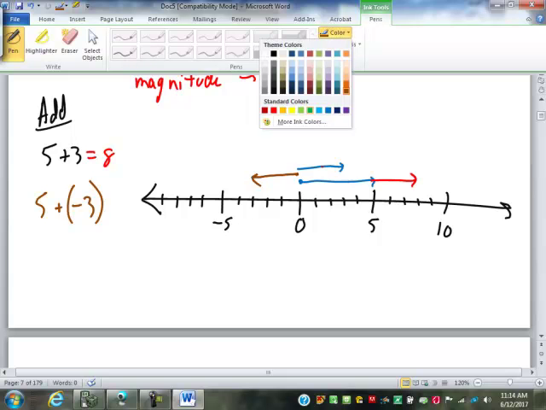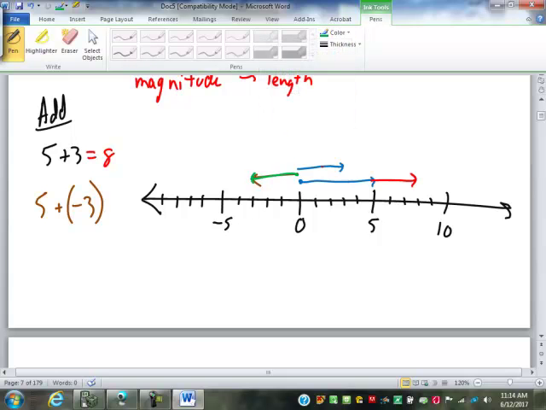When I go to put those together, I take the negative 3, I put it over there with a 5, and I notice I end up at 2. Perfect. Now, I don't expect you to draw out a number line every time we work with integers. But I actually do keep that picture in my head.